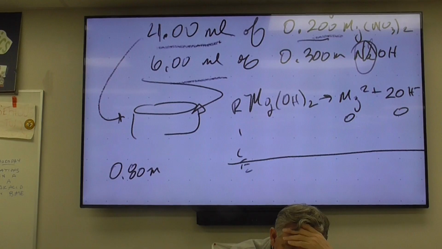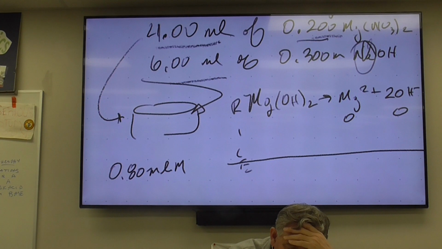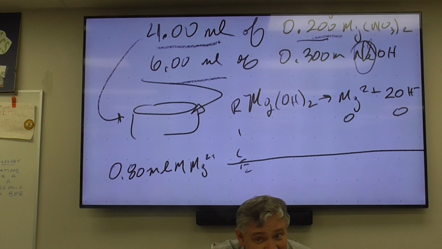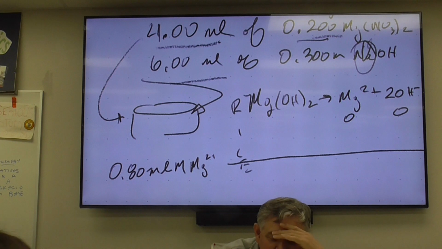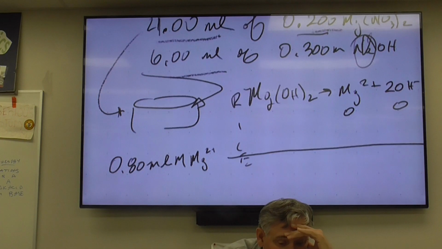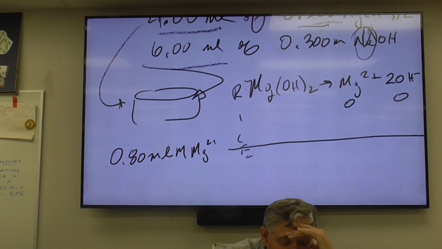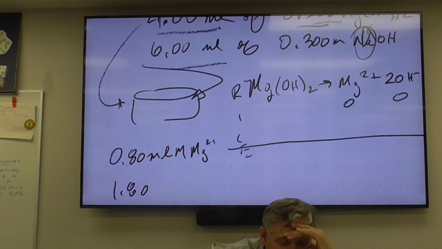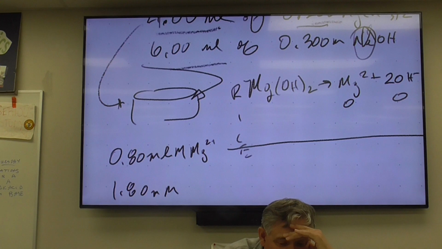Millimoles of magnesium ions. If I take 6 times 0.3, I get 1.8 millimoles of my hydroxide.